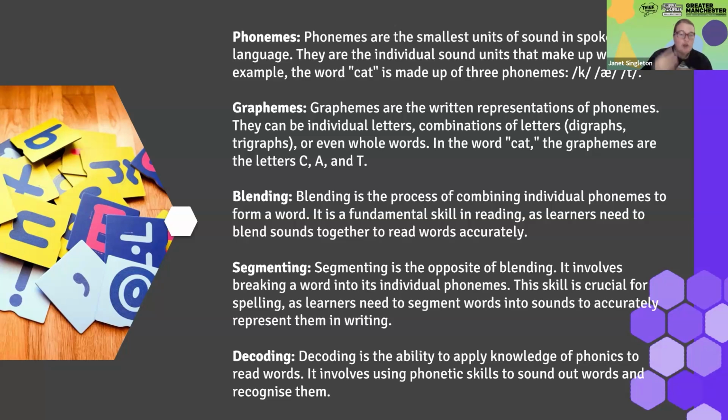So as children learn the sounds, learn the graphemes that represent those sounds, they can start to learn how to read words by sounding them out, putting those sounds together. And that's what blending is, okay? So blending is the process of combining individual phonemes to form the word. As I say, it's that skill that they use.